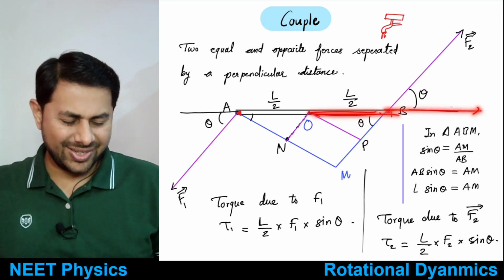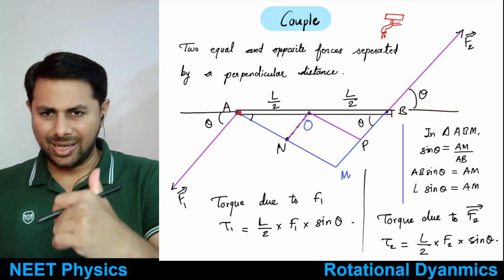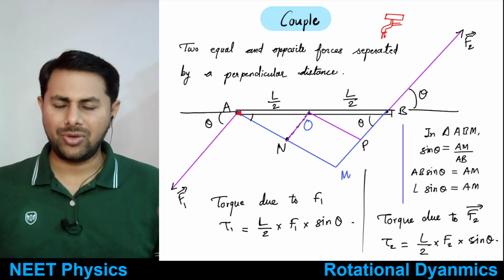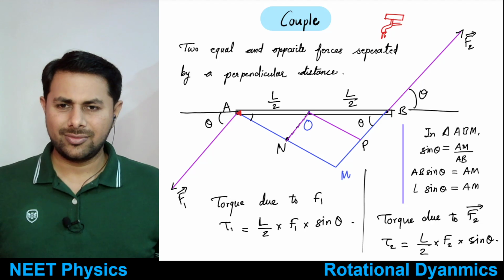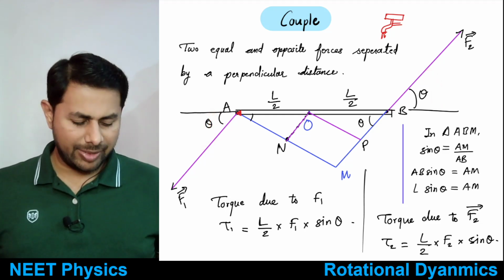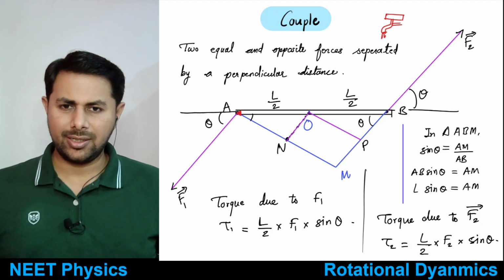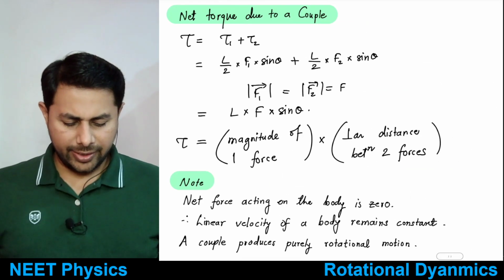So this is the direction of R, this is F. Again, if you do R cross F, then rotation is in anti-clockwise sense, right? We know torque is equal to R bar cross F bar. So that means both of them are helping each other. So net torque will be equal to tau 1 plus tau 2. Is this thing clear, everyone? Good. So then add up the two torques.